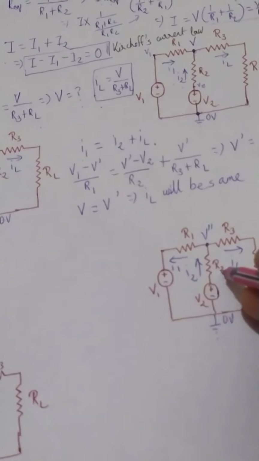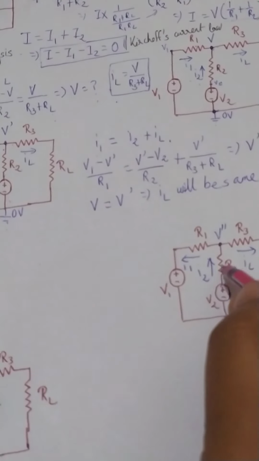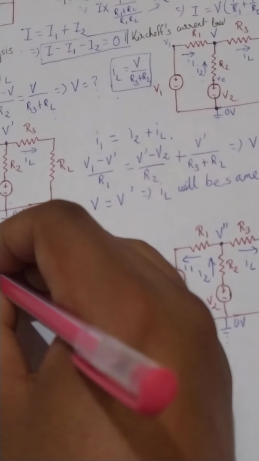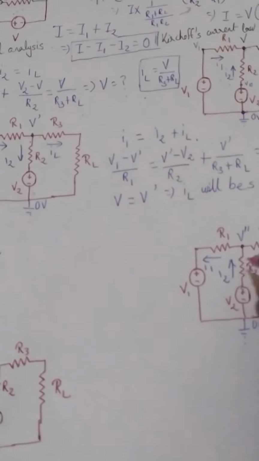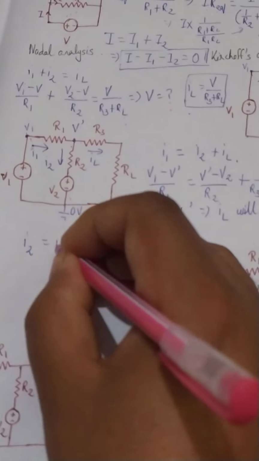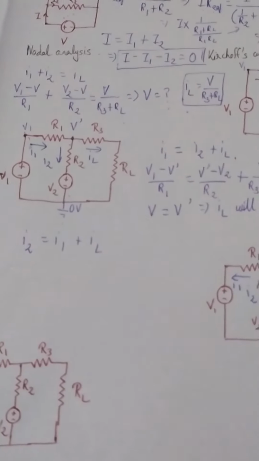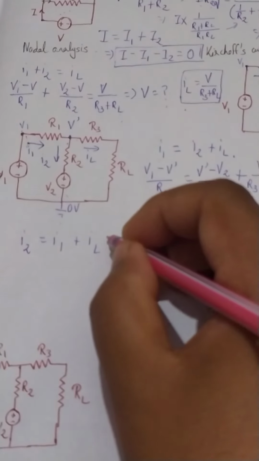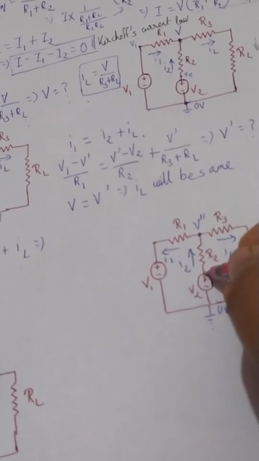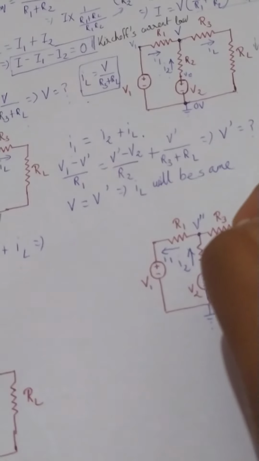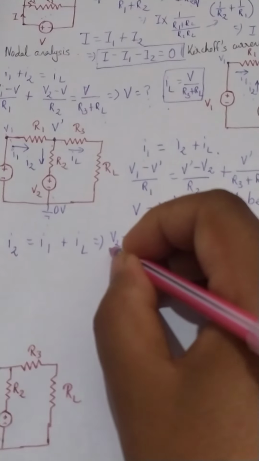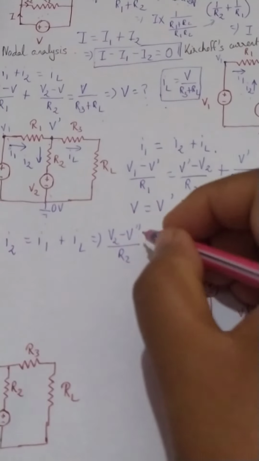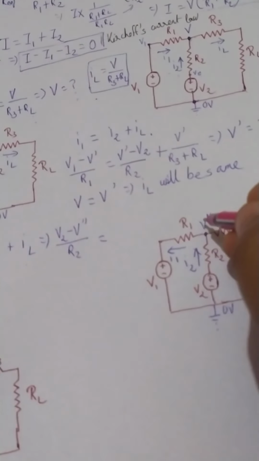Now, what is going to happen? The incoming current is I2, that should be equal to the outgoing current I1 plus IL. So what is I2? I2 would be (V2 minus V double dash) by R2, that should be equal to I1.